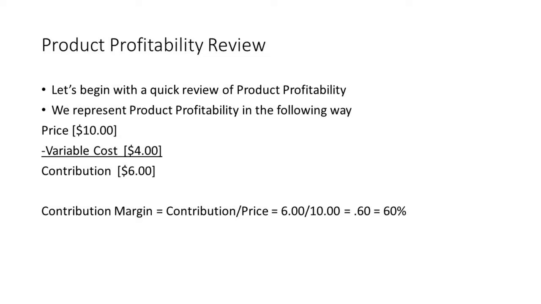Here we have that set at $4. And this gives us the contribution of $6. Now from this we can calculate the contribution margin, which is equal to the contribution divided by the price. In this case that would be $6 divided by $10, which gives us a contribution margin of 60%.